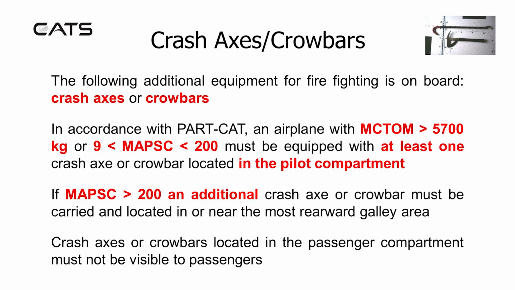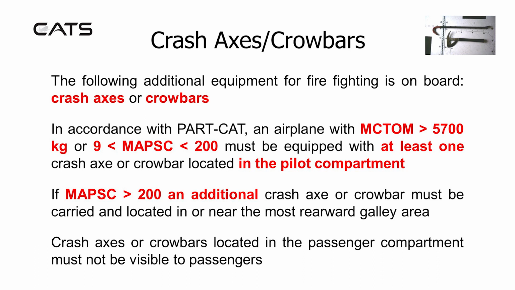Crash axes and crowbars. The following additional equipment for firefighting is on board: crash axes and crowbars. In accordance with Part Cat, an aeroplane with a maximum certificated takeoff mass greater than 5,700 kilograms, or with a maximum authorised passenger seating capacity greater than 9 and less than 200, must be equipped with at least 1 crash axe or crowbar located in the pilot compartment.